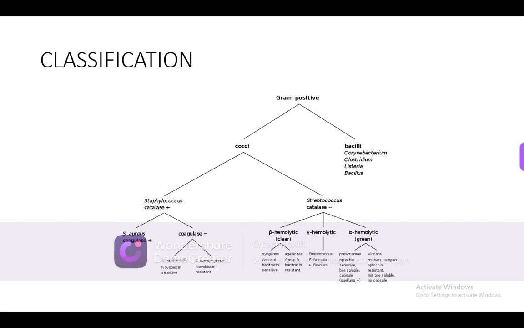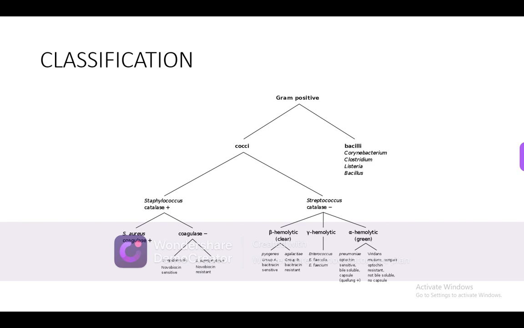Staphylococcus and Streptococcus, whether they are Staphylococcus or Streptococcus, further division is based on whether the catalase enzyme is present or not. If they are catalase positive, then do the coagulase test.